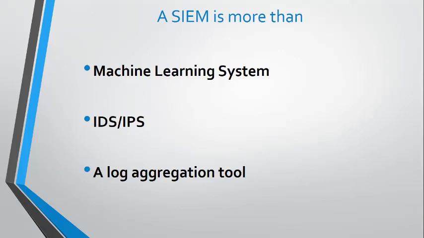The value of a SIEM is in the cross-correlation of data from all the devices, including the machine learning device. Secondly, some people think that an IDS/IPS system does the same thing as a SIEM. This is not correct.